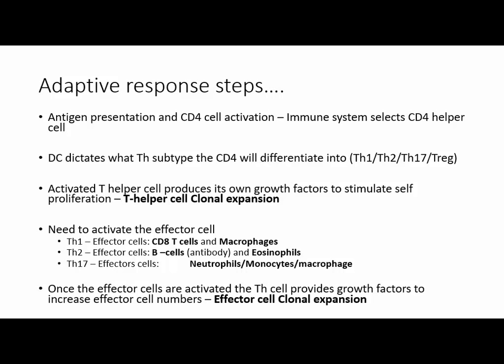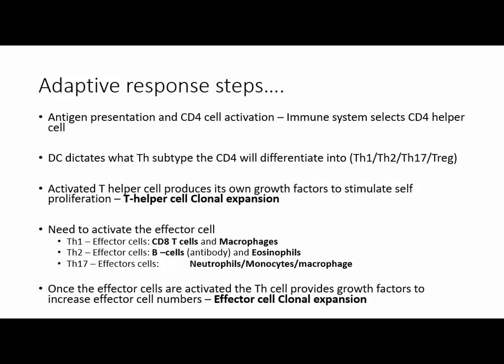And the way we do that is through a process called clonal proliferation. This process enables us to go from, say, one CD4 T cell to millions of CD4 T cells. Okay? So antigen collection, presentation, selection of the type of T cell response we want, and subsequent clonal proliferation of that CD4 T cell.